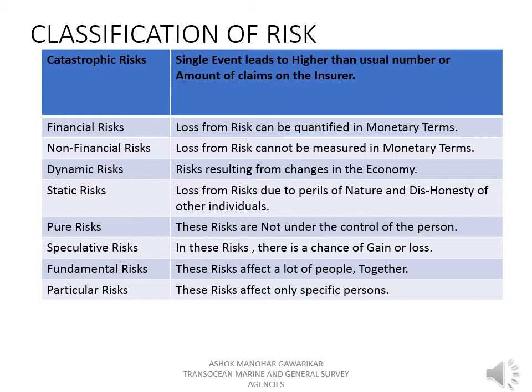But in a particular risk, if there is a fire, it is isolated and limited to one particular factory. If it is a machinery breakdown, it is likewise limited to one factory. It is not a fundamental risk.